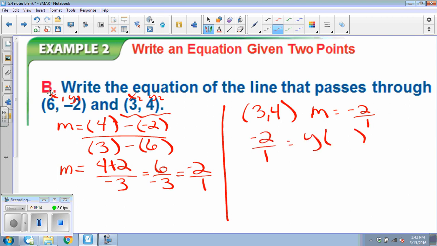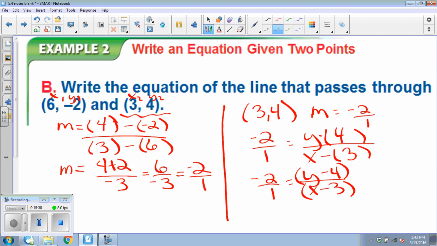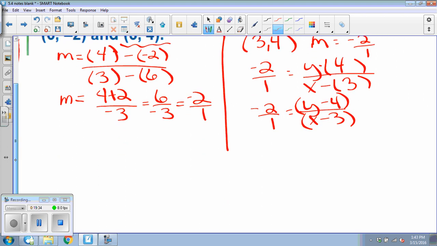equals y minus something over x minus something. Y is 4 and x is 3. So, negative 2 over 1 equals y minus 4 over x minus 3. So now we cross multiply.